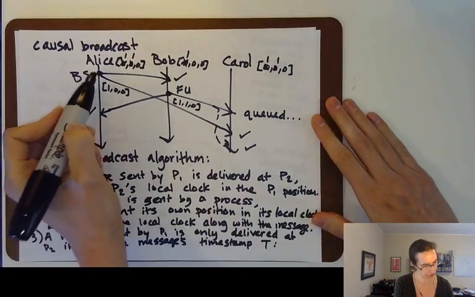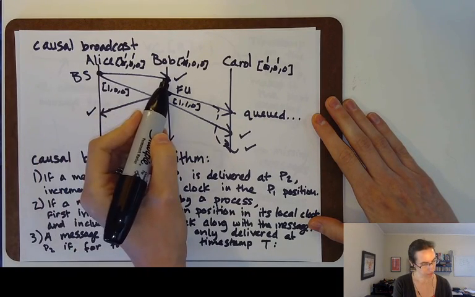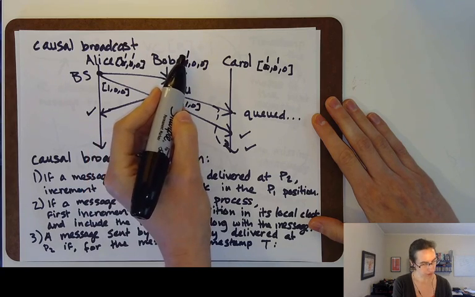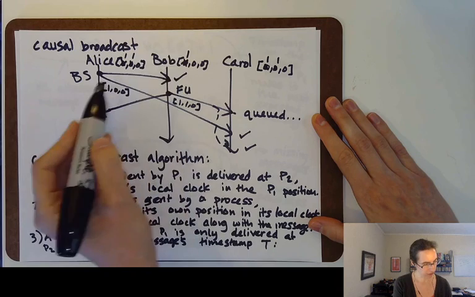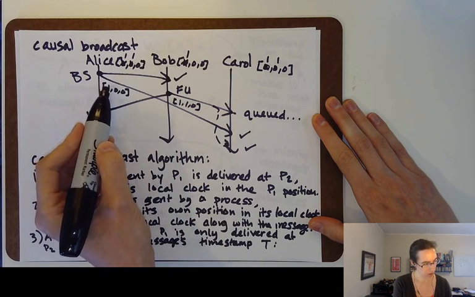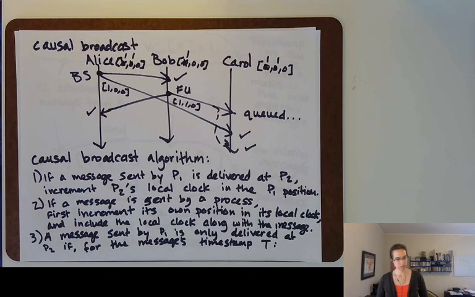When this message from Alice arrives here at Bob, Bob's clock increments in the Alice position because that message came from Alice with a 1 in that position. So we're still definitely using the clocks that are sent along. Otherwise, we wouldn't need to send the clock as metadata. But we still need to use that information.